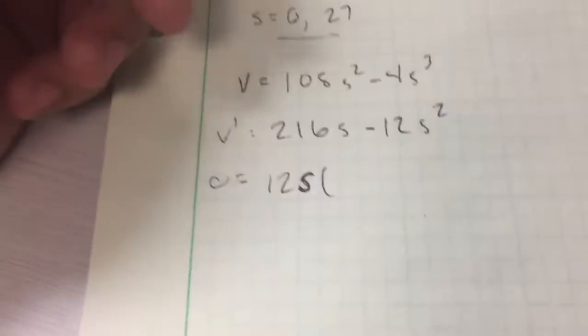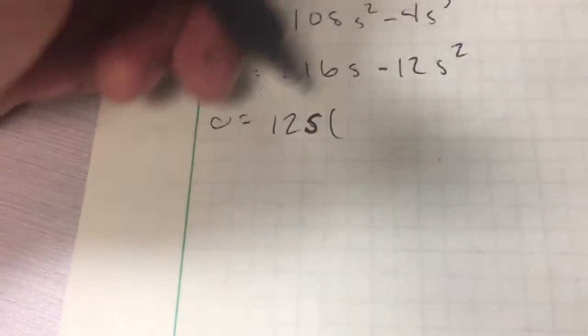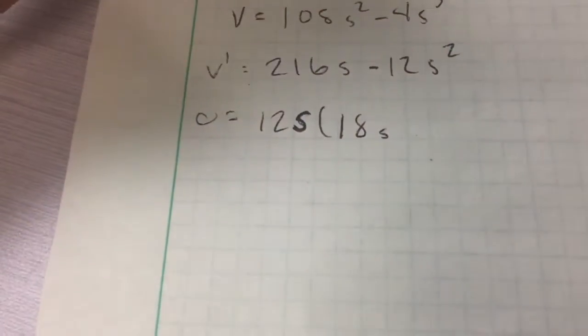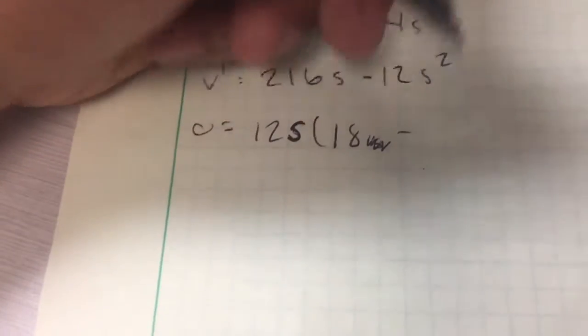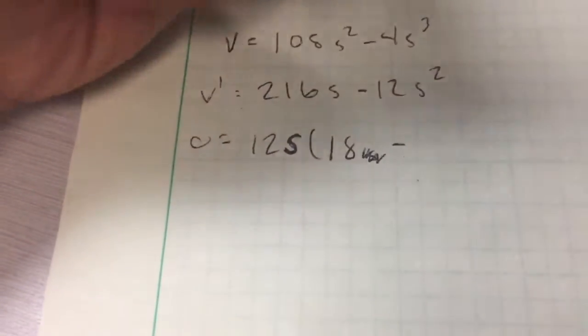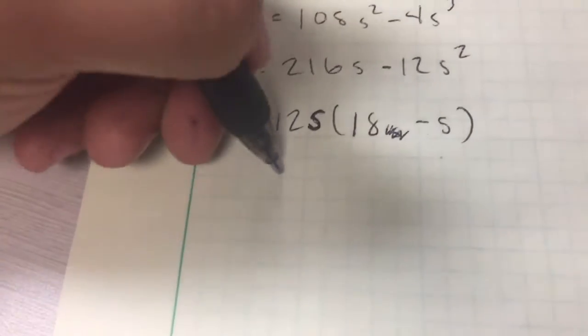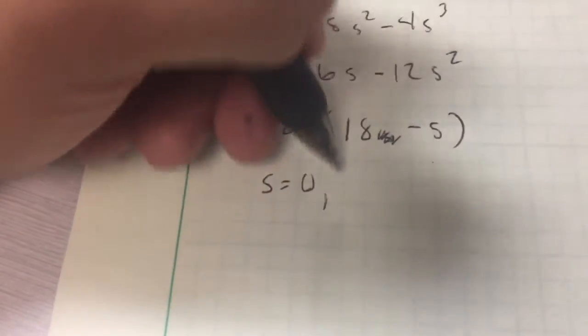Maybe I shouldn't have used s. Well, anyways, you have 12s times 18 minus s. So in this case, s equals 0 and s equals 18.